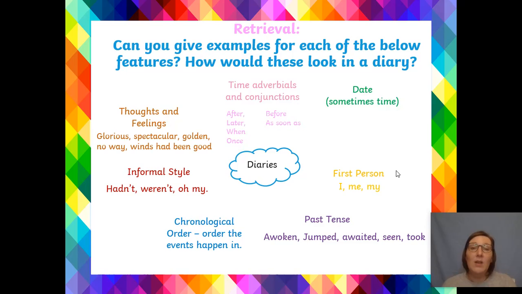Then we've also got our time adverbials and our conjunctions. Things like after, before, later, as soon as, when, and once. Remember, we need to add these into our diary so we know when each key event happened. Really key. And we need to make sure that we get the date in there. We have to get the date in there so we know when the things happened. And then that also links to the chronological order.